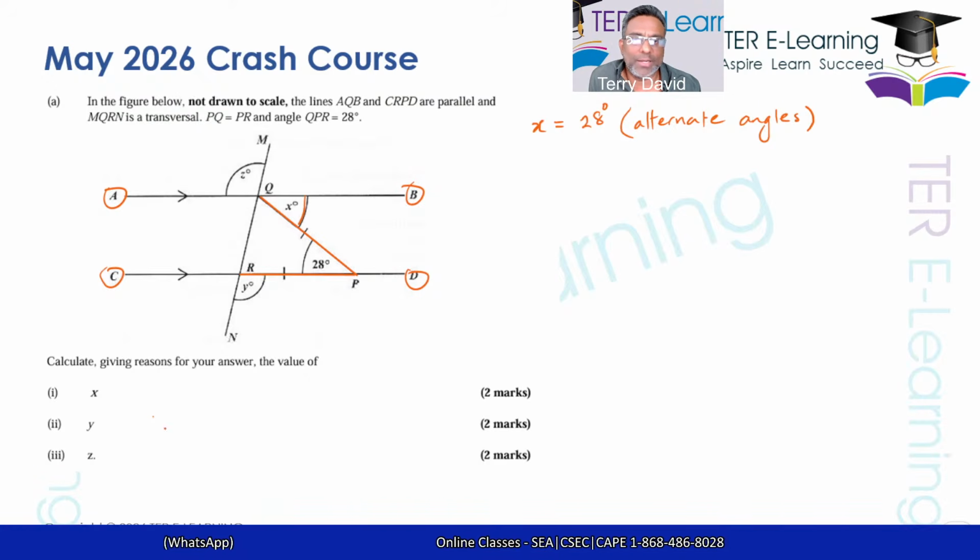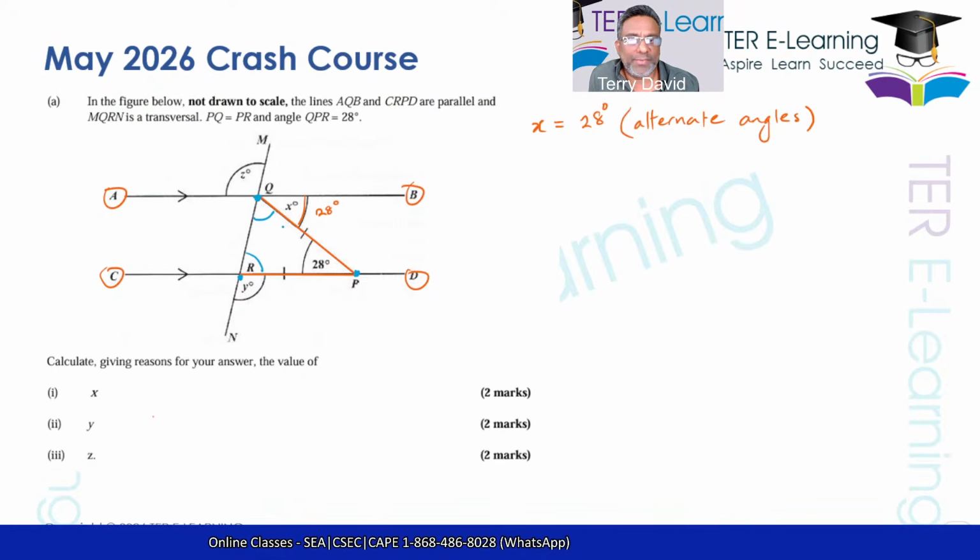We have to work out angle Y. If you work out any angle, you should put it in right away. So this is 28 degrees here, and we want to work out angle Y. Remember, you have an isosceles triangle here made up of Q, P, and R. So this angle here and this angle here are the same.